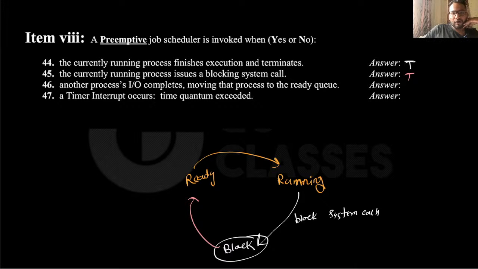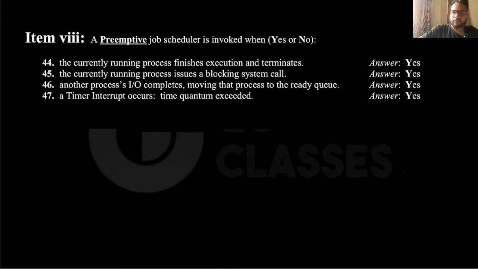For the timer interrupt, the time quantum exceeds, so yes, there I will be needing a job scheduler, but here I don't think we need one, right? Because if you are moving some process from blocked to ready, then you are not scheduling anything essentially. So that's why it should be false. Let me know if you got it, right? So this should be false, that is wrongly printed.